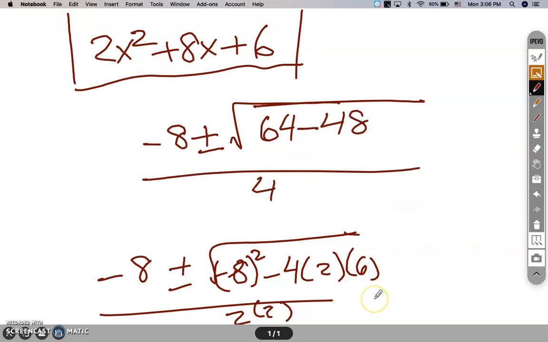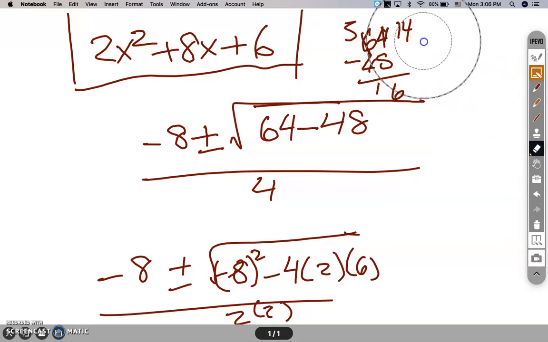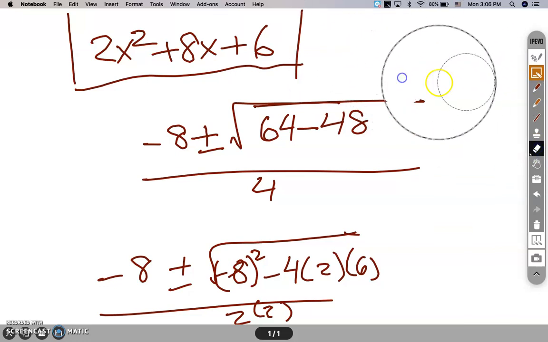Now 64 minus 48, well, that's going to be, let's see, 16. Let me just quickly check: 64 minus 48 is 16. I was right. Okay, just checking my work. Yes, so 16. All right.